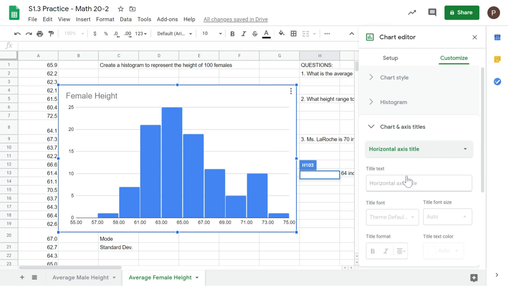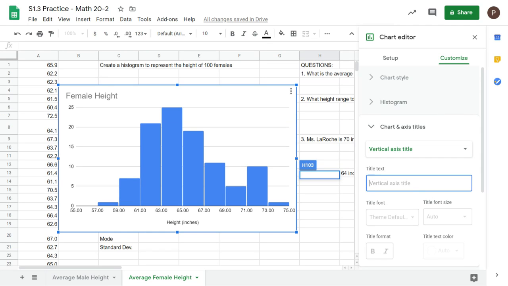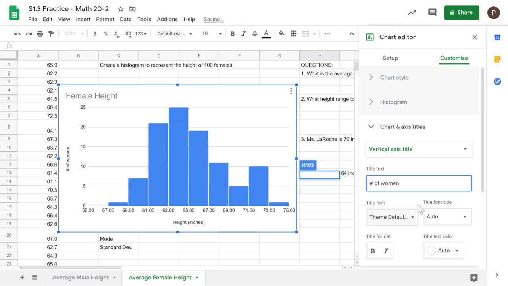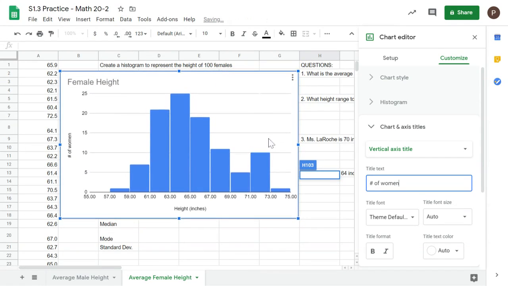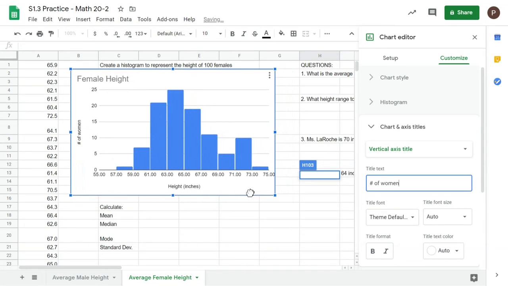Label our axes. The horizontal axis is height in inches, and the vertical axis is number of women, right? It's the frequency. So I'll just squeeze this in here.